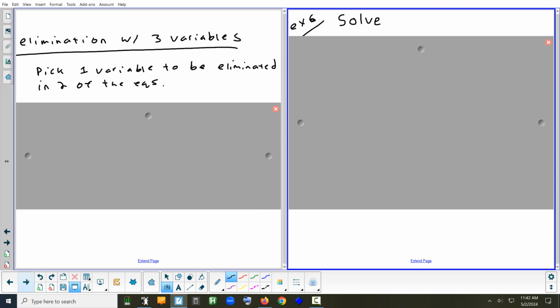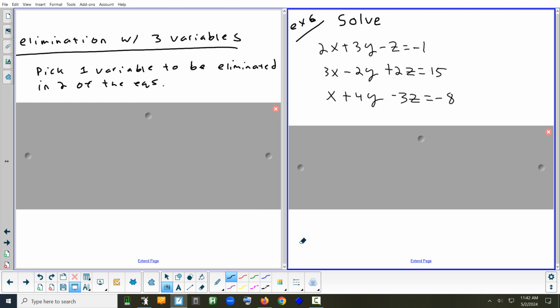So looking at this example, there is definitely a certain letter that I would try to eliminate by multiplying one of these equations by something and then adding it to the other. Wait, can you repeat that? We're going to have to multiply one of these equations by a number. Then we're going to add it to the other equation, and one of the letters is going to disappear. And we're going to do that twice.